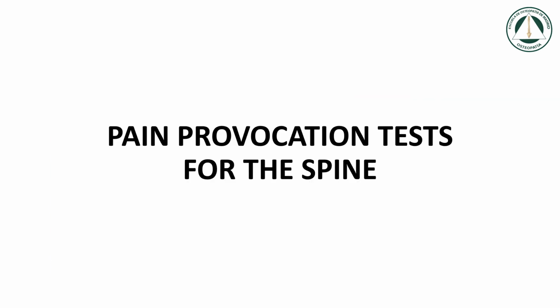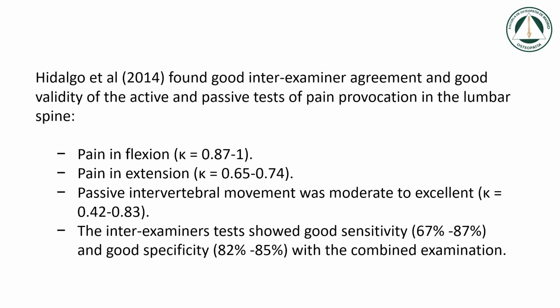Pain provocation tests for the spine. Hidalgo et al. 2014 found good inter-examiner agreement and good validity of the active and passive tests of pain provocation in the lumbar spine. Pain in flexion, kappa equals 0.87 to 1.